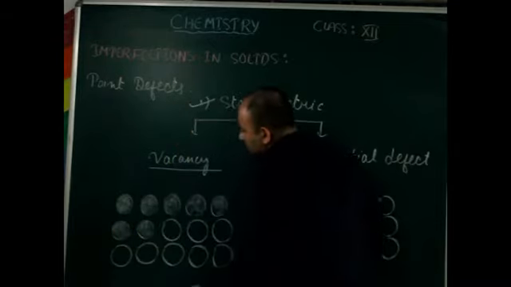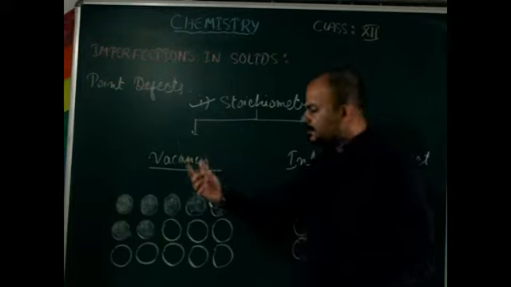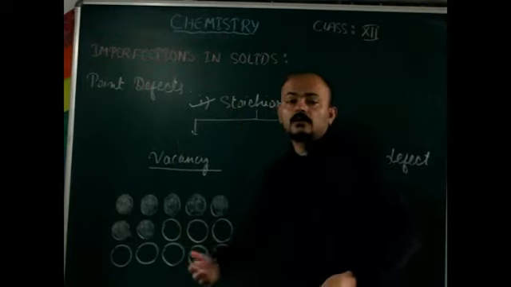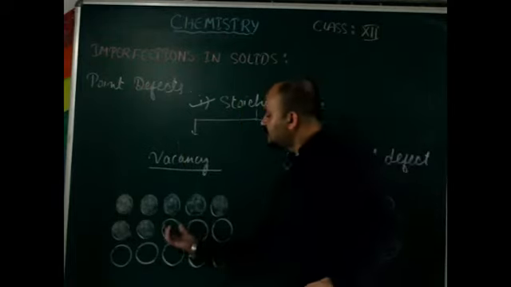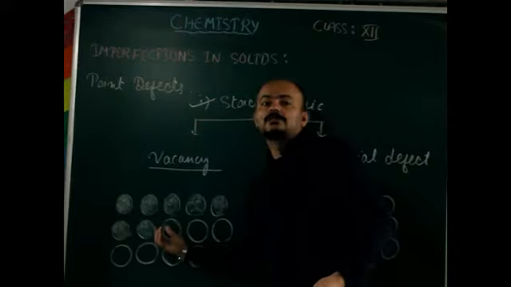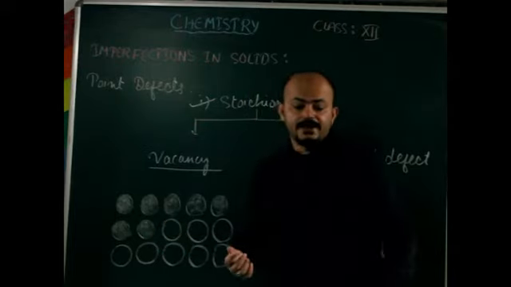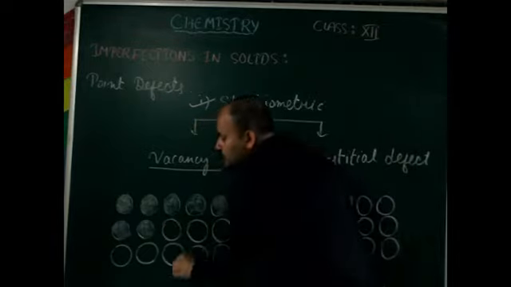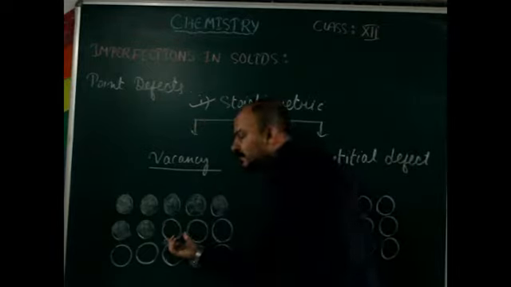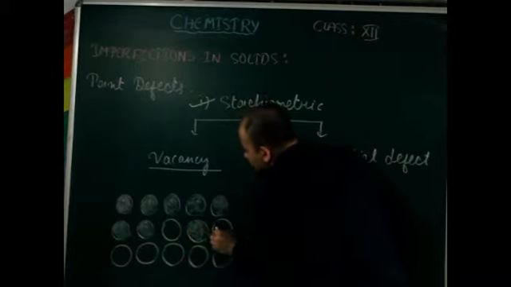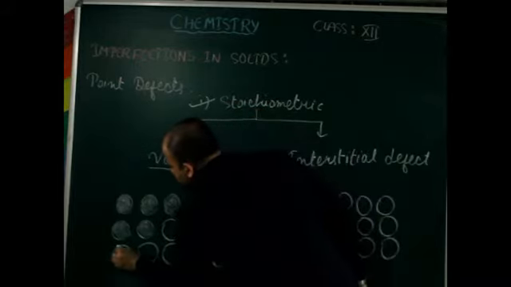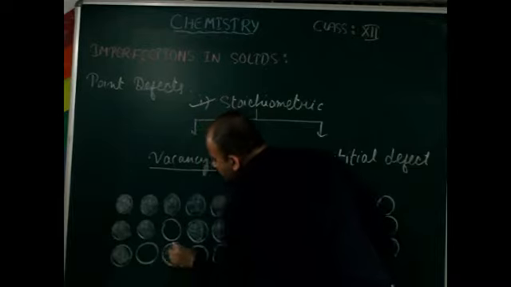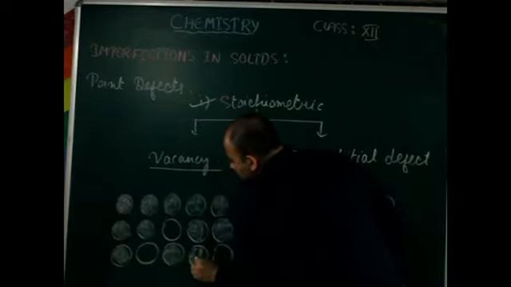Now, in case of vacancy defect, one or many of such places will not be occupied by the constituent particles. Like this position was supposed to be occupied by a constituent particle, but is not. Similarly, you can have this position not occupied by a particle.